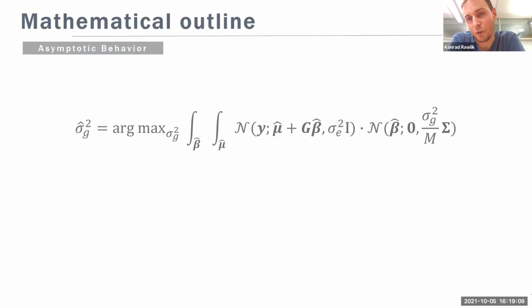And then you put a Gaussian prior on the SNP effects with some covariance matrix sigma.